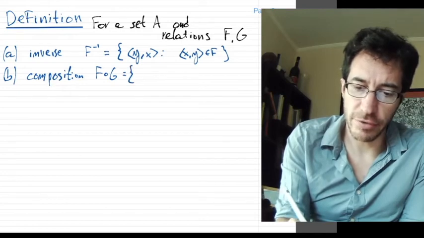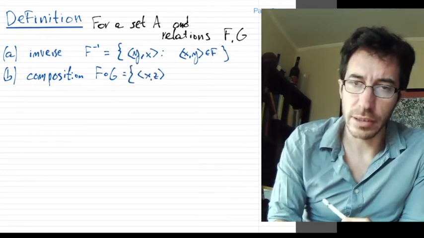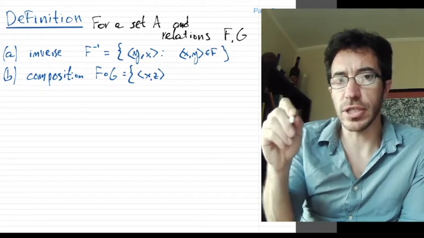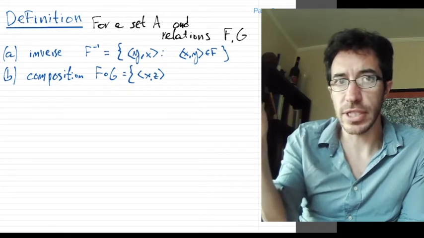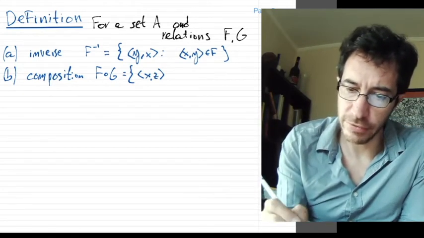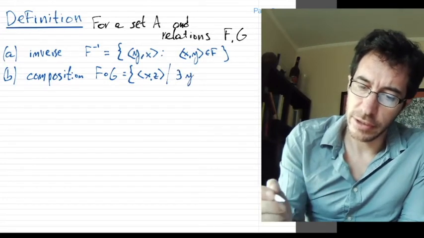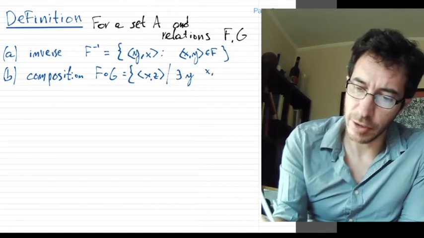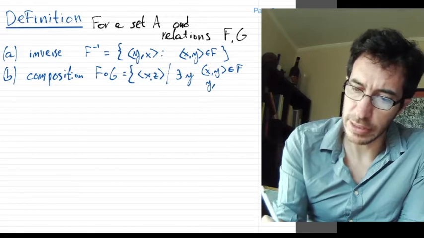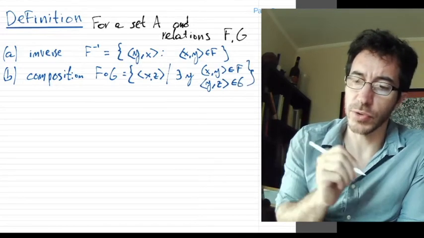We're going to get the set of all pairs x comma z such that x goes to something through g and that something goes to z through f. So this is the set of x comma z such that there exists a y such that x comma y belongs to g and y comma z belongs to f. So x goes to y goes to z.